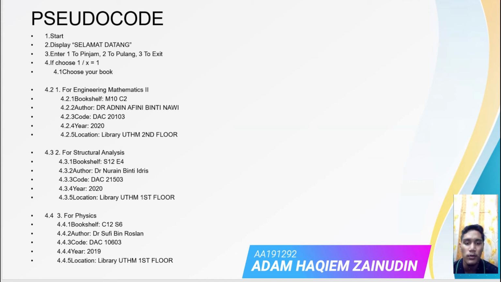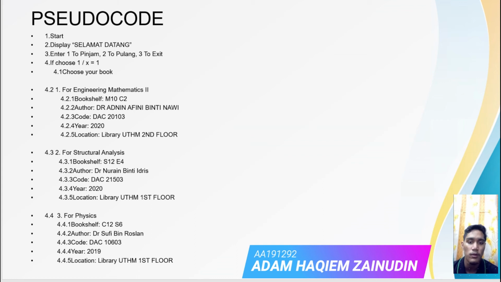Okay, for the fourth, if they choose 1, that means they need to choose their book. For the next step, they will enter the number already provided to choose which book they want to read.